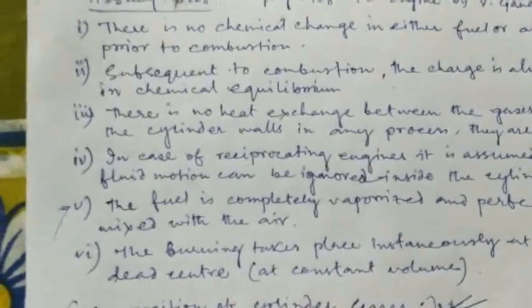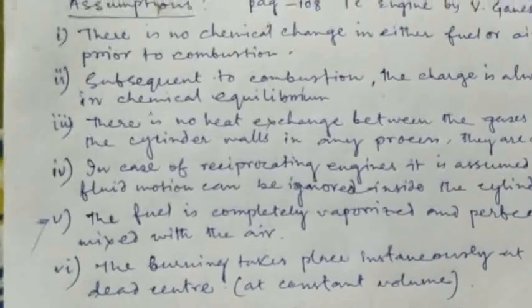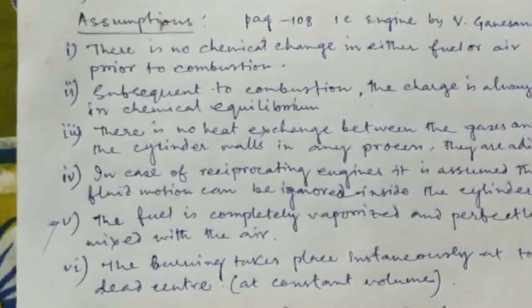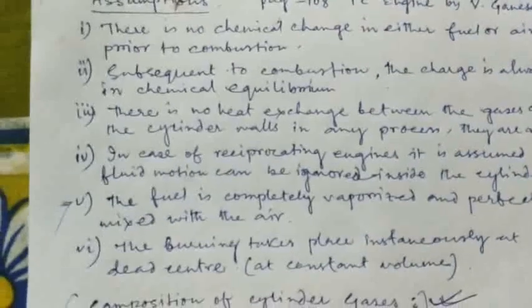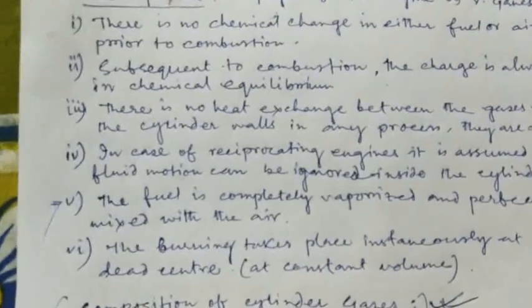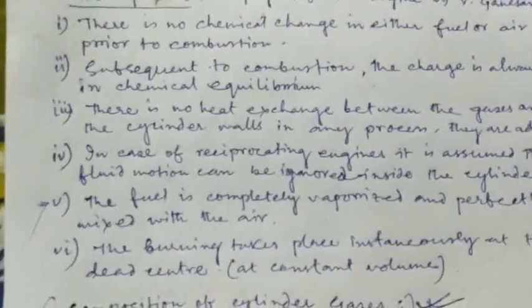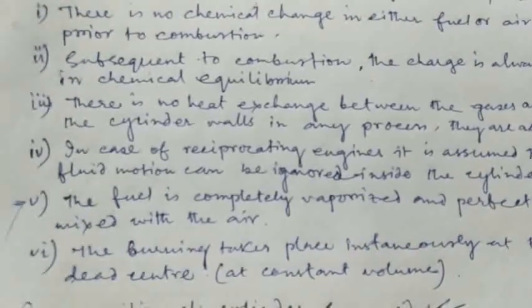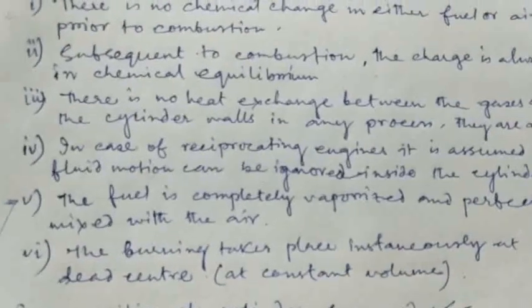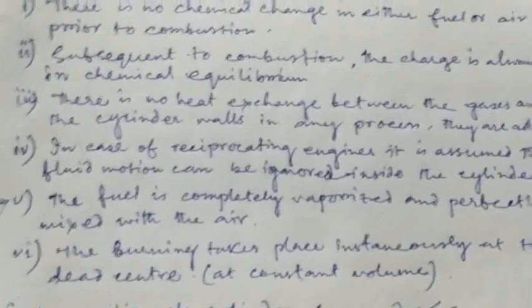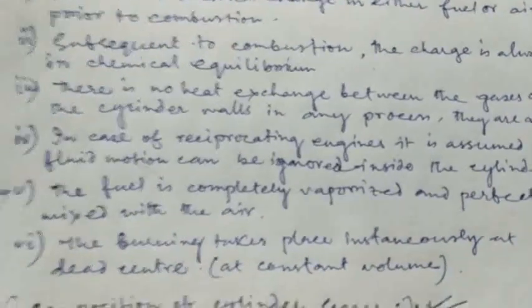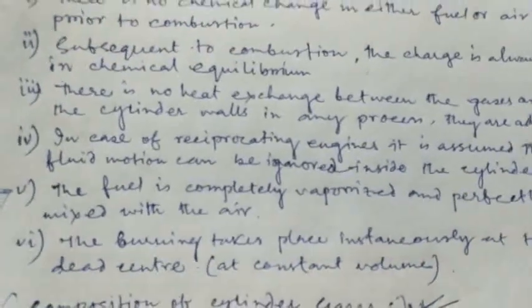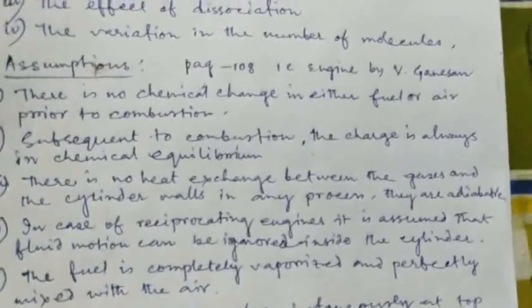This assumption has been taken in air standard cycles also, that during expansion and compression strokes, or you can say all over the cycle, there will be no heat exchange between the cylinder wall and the outside atmosphere. So no heat flows inside or outside of the engine cylinder. So we can consider the cylinder walls to be adiabatic walls.